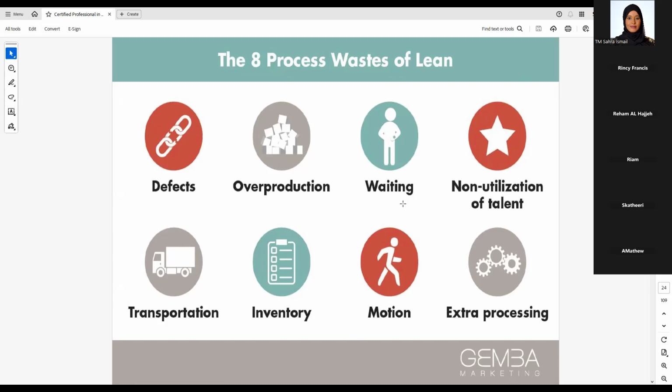Non-utilization of talent could be an example of what? It's a general element of waste. If you have an experienced surgeon in robotic surgery, but due to the unavailability of a robotic machine, you are not utilizing the talent of that surgeon. Okay, so it's not because of the unavailability of the robotic.